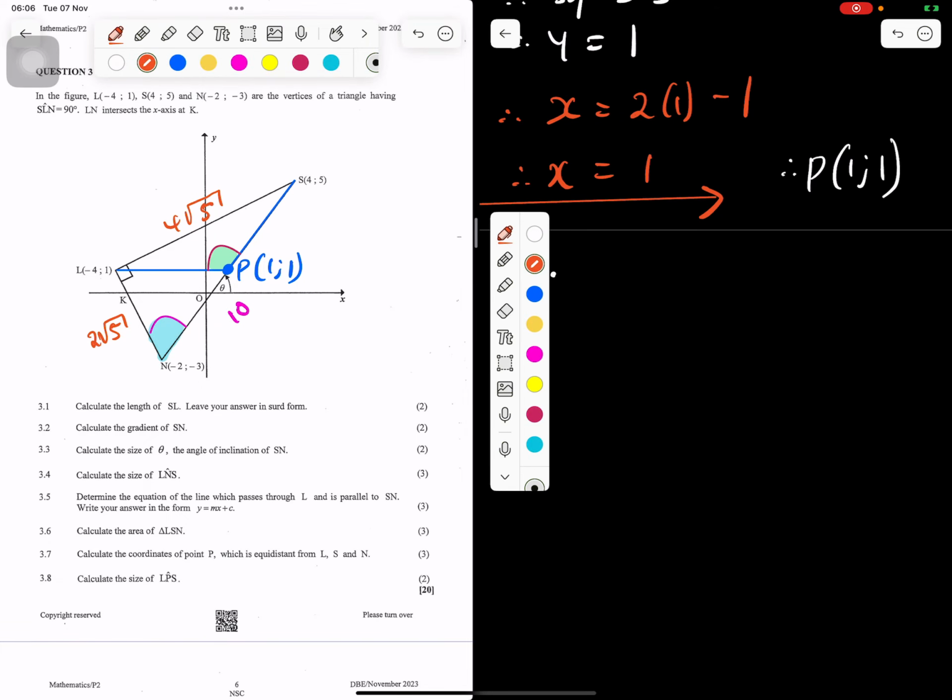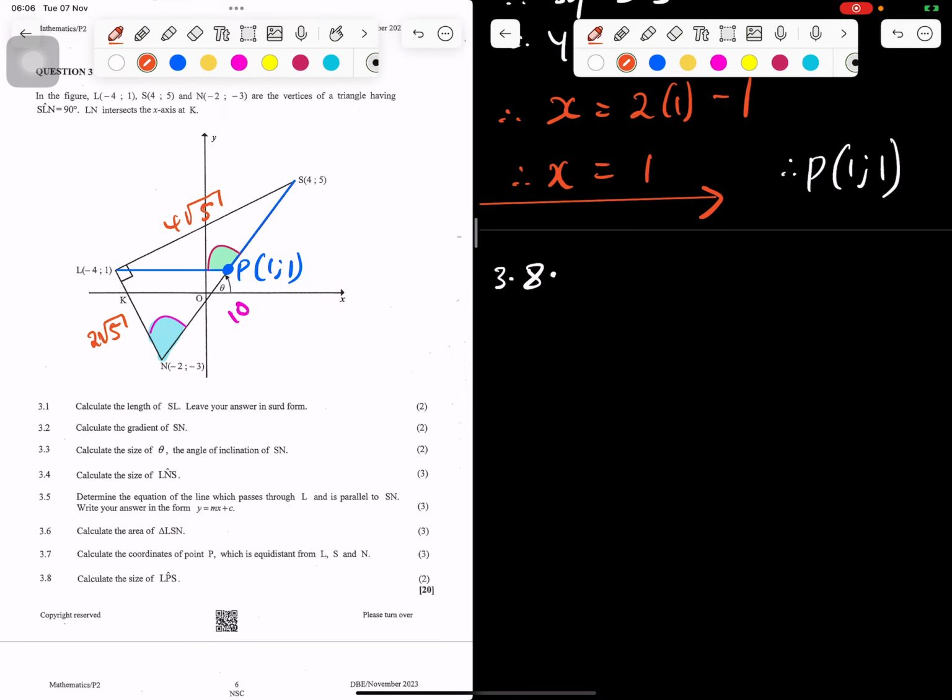Let me bring this one back to where it was. So now my first approach to this problem will be that, because it's 2 marks, we use those easy formulas from the grade 11 classes.